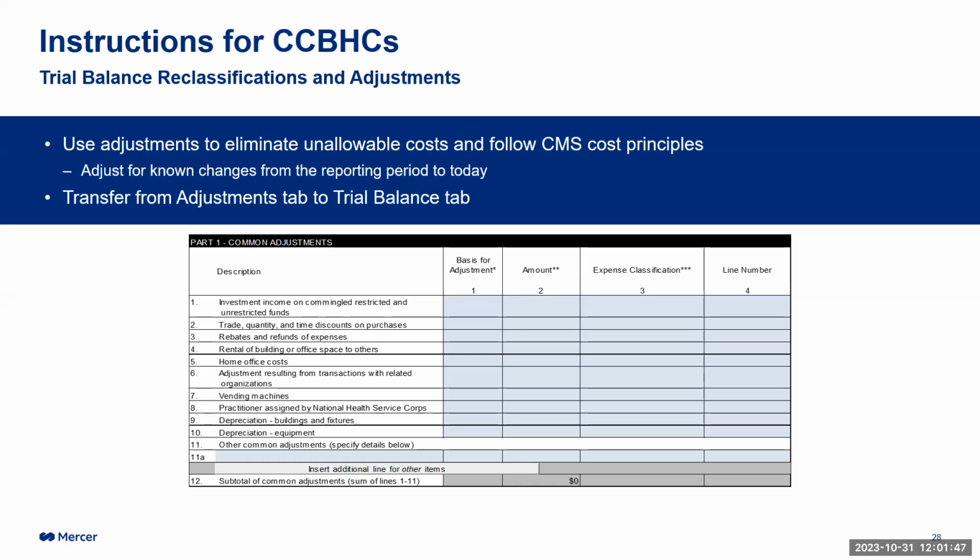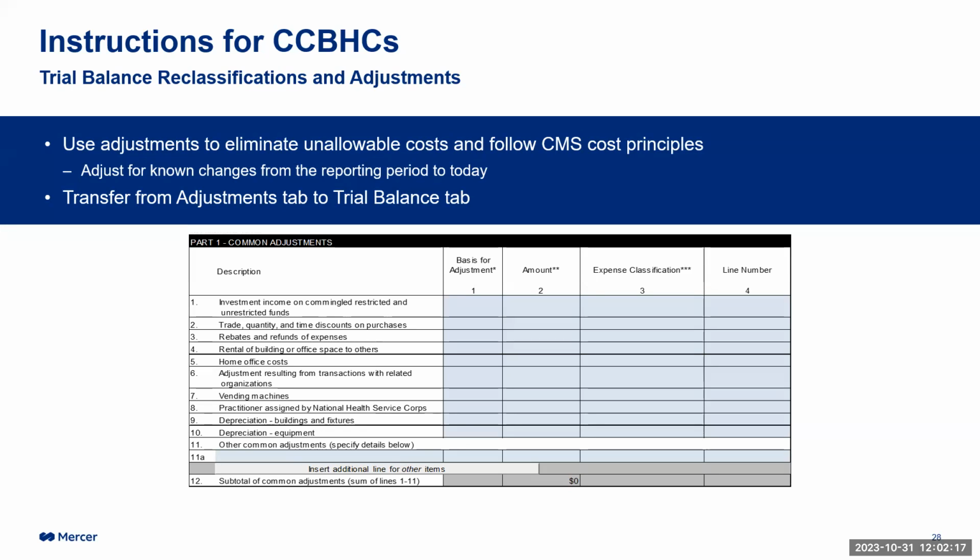For instance, maybe you had to give a salary increase that wasn't necessarily included in 2022. Anything to move from your audited time period to today that you feel isn't justly captured in the audited financial statements can be included here as an increase or decrease if, say, you had a substantial staffing change.